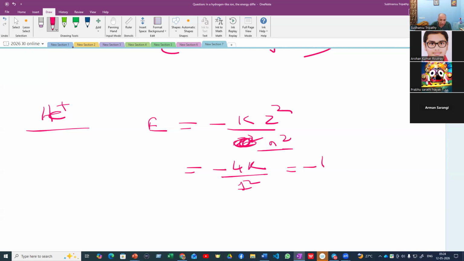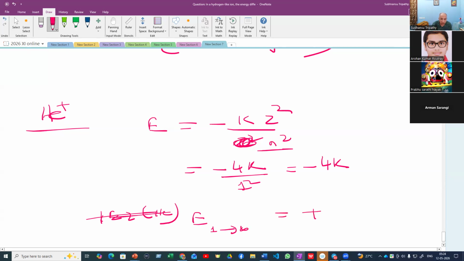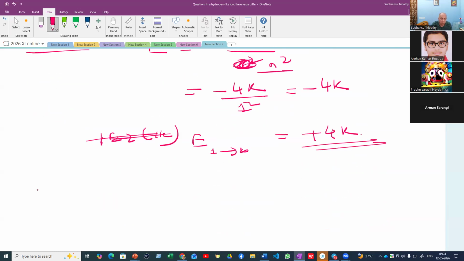So minus 4K is the energy of the electron in He plus in the first shell, in the ground state. If you send it to infinite distance, the energy required from the first shell to infinity will be equal to plus 4K, which is the IE2 of the helium atom. If you calculate this plus 4K as energy, 4 into 2.18 times 10 to the minus 18 joule per one atom, or this is the ion, 1 He plus, and for a mole it will be again Avogadro's constant times that value.